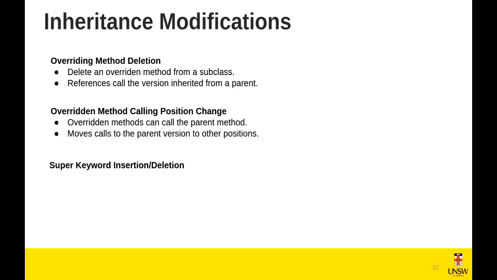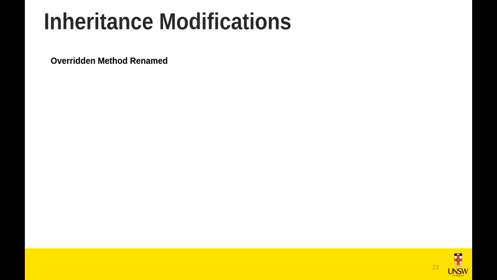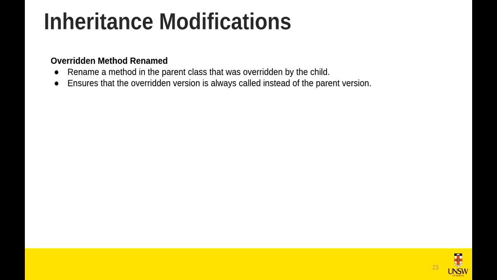For example, the super keyword. So the super keyword is actually used to access parent elements from the child class. So we can try to insert or delete the keyword within some methods. And we can also try to rename overridden method.